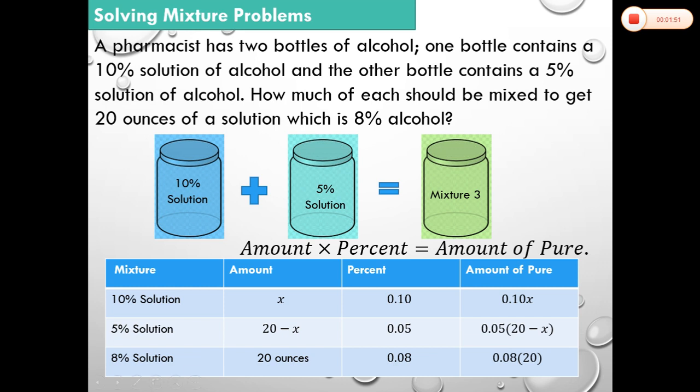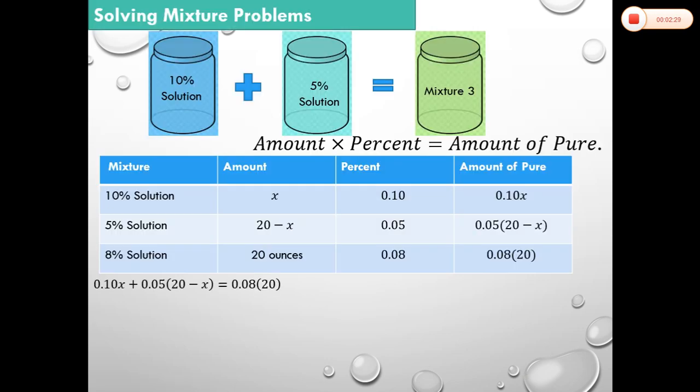The amount of pure is obtained by multiplying the amount and its percent. So here we have 0.10x, 0.05 times 20 minus x, and 0.08 times 20. 0.10x plus 0.05 times 20 minus x is equal to 0.08 times 20.